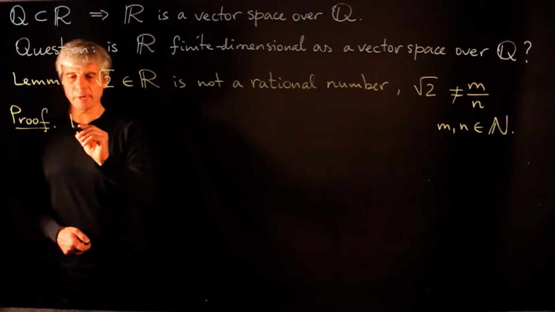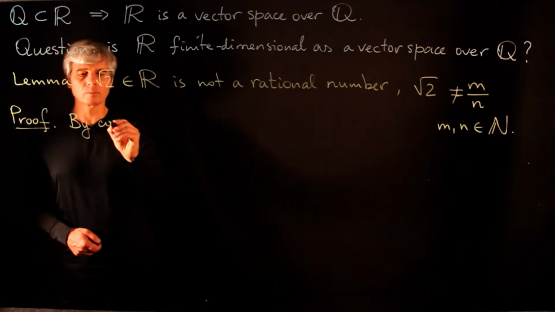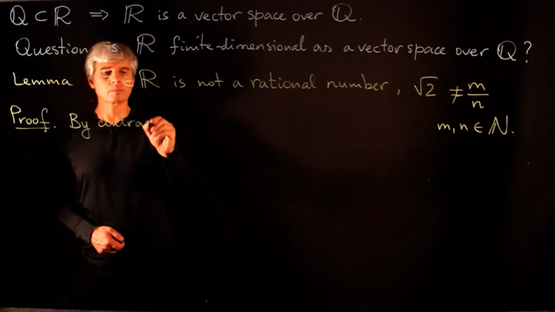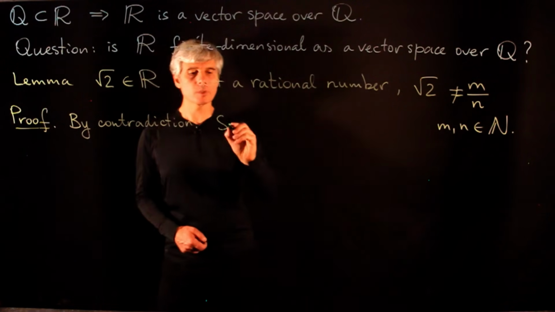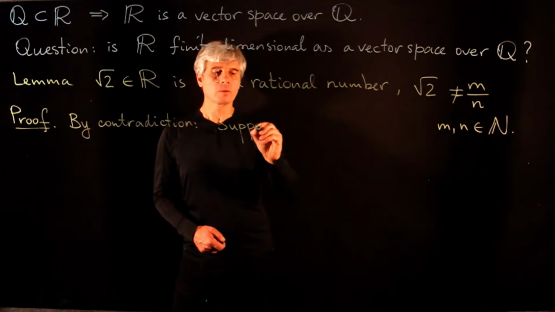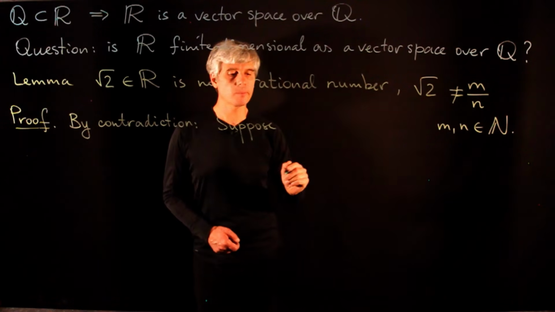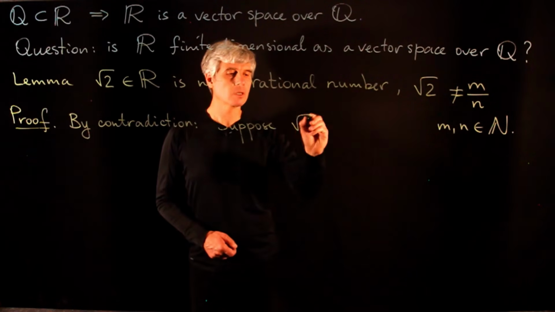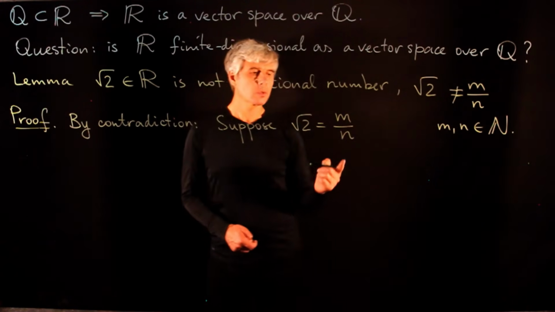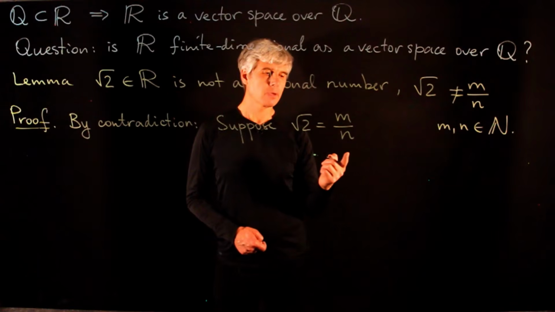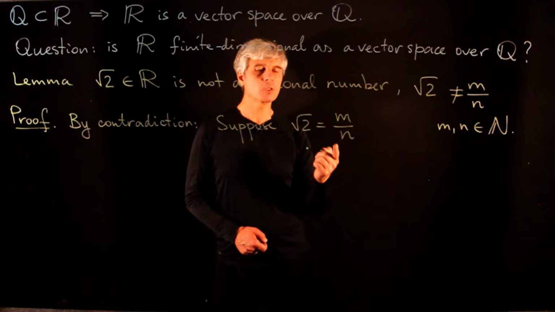And we prove this lemma by contradiction. So suppose we can find natural numbers m and n such that square root of 2 is m over n. So we know one fact about fractions, that fractions may be reduced.